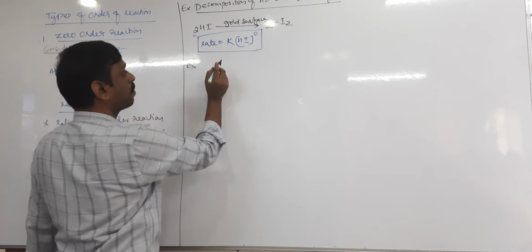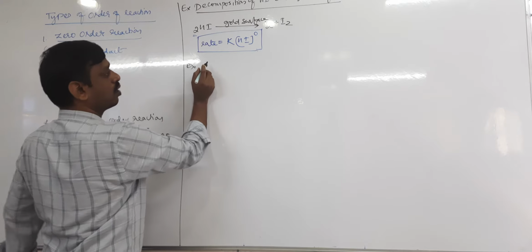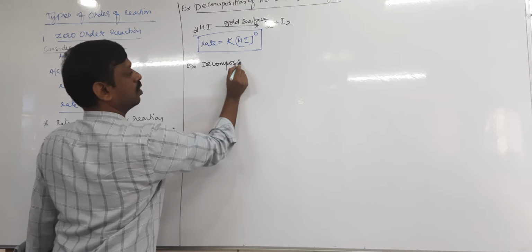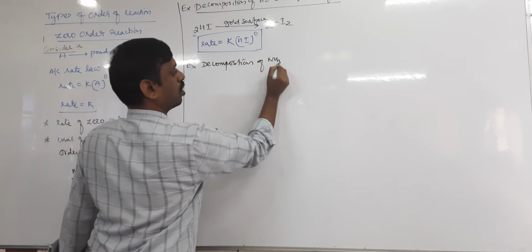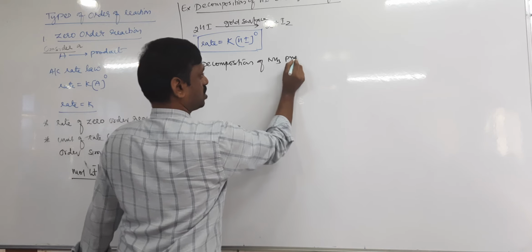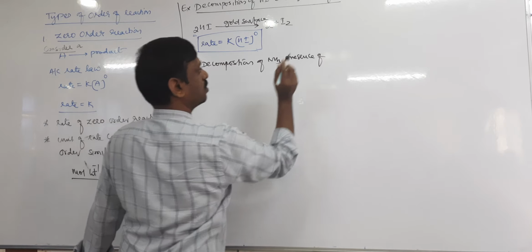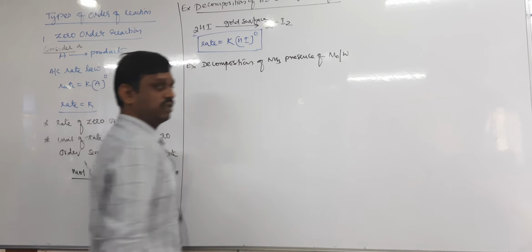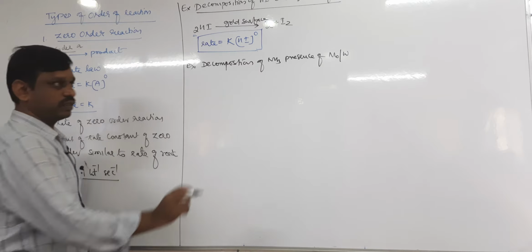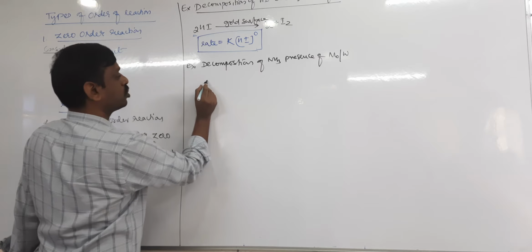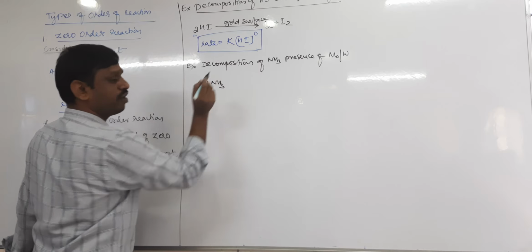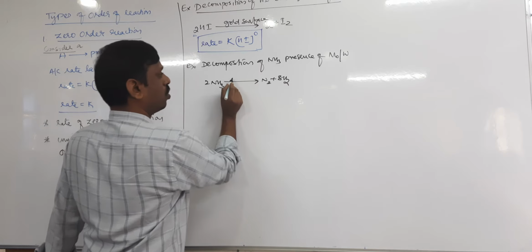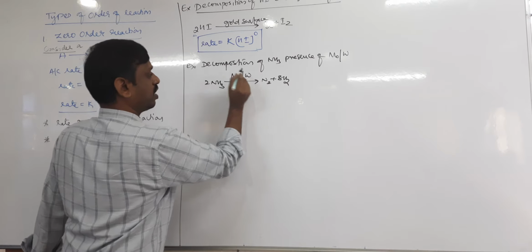Next, one more example: decomposition of ammonia over molybdenum or tungsten catalyst. Take down. When ammonia undergoes decomposition, it is the reverse of manufacturing: 2NH3 gives rise to N2 plus 3H2 over molybdenum or tungsten surface.